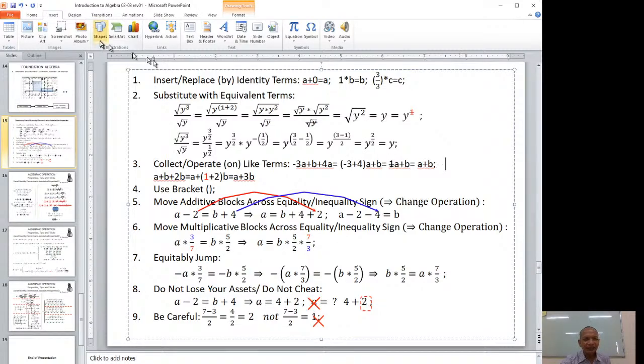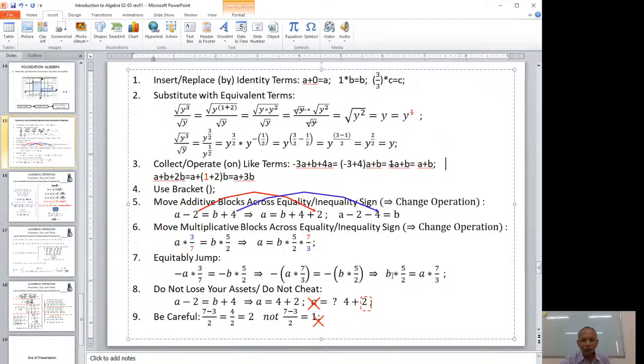You have to understand this, and then jump equitably, all equally. Like this one: negative a times 3 over 7 equals negative b times 5 over 2 becomes negative a times 7 over 3 equals negative b times 5 over 2.